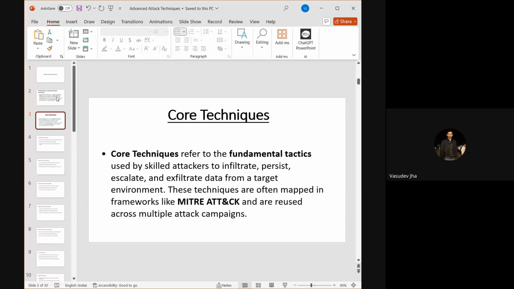So let's understand in simple words the basic difference between a traditional attack technique and an advanced attack technique. In traditional, we perform the attack, either active or passive, and we fulfill our tasks in a limited time period. After that, we don't have any access to that system. But an advanced attack technique is a completely planned technique. Our target is fixed. We go for a complete overview of the target.